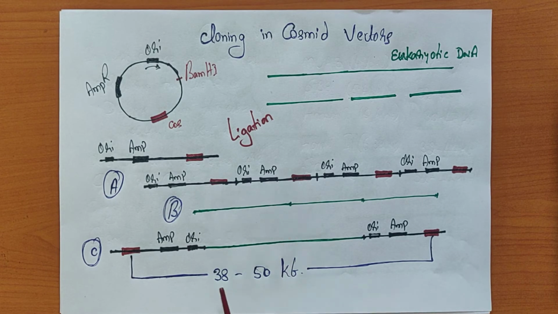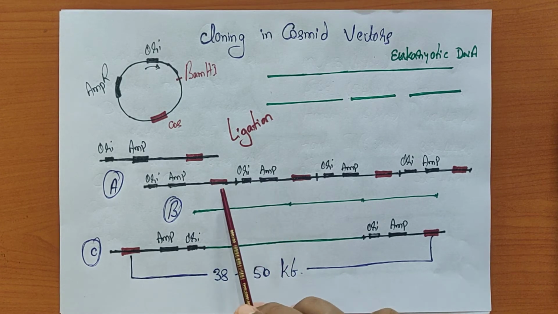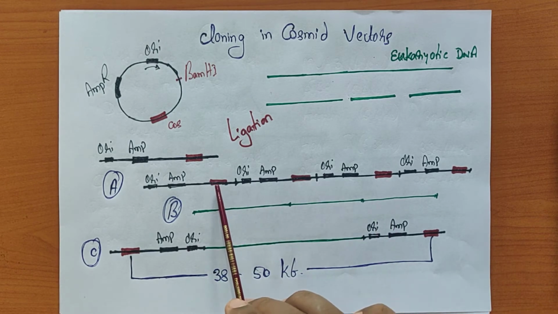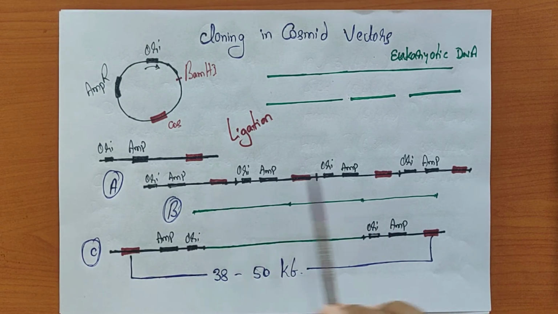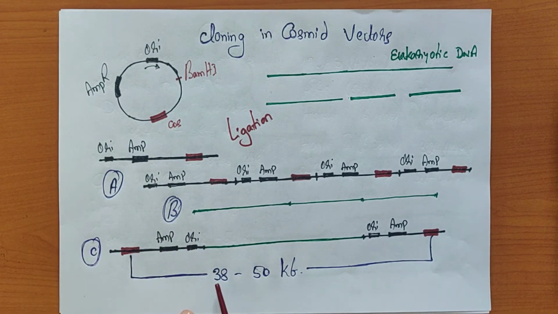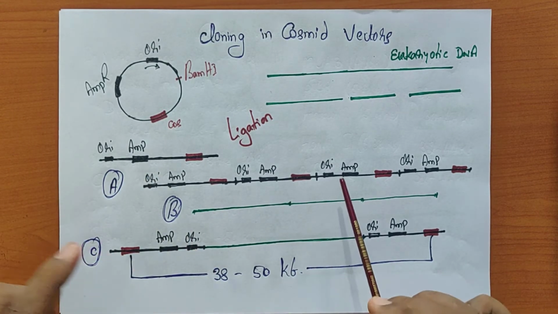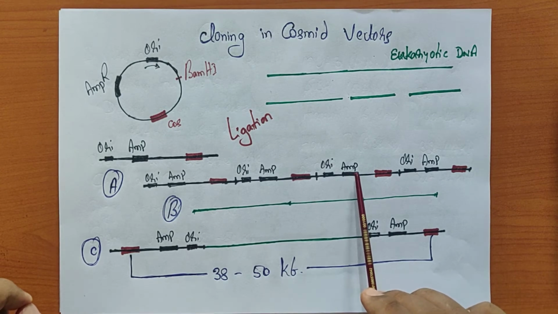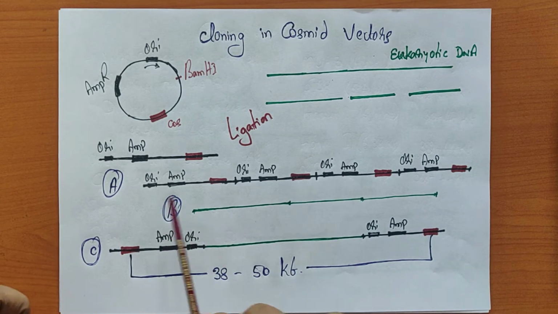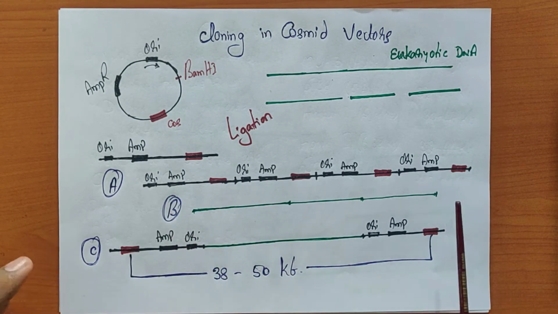If the distance between cos sites is not between 38 and 50 kilobase, it is not going to get packaged. If there are two cos sites in this species and the size comes between 38 to 50, there is a chance that it can get packaged during in vitro packaging. If the distance is not enough, it is not going to get packaged.